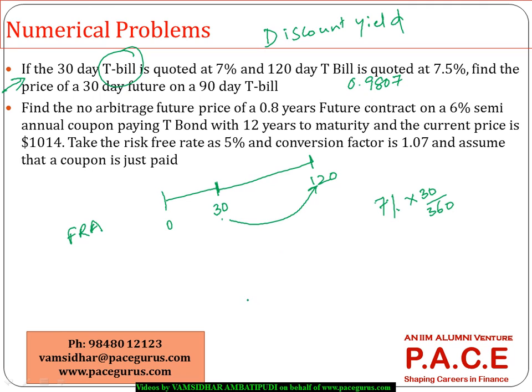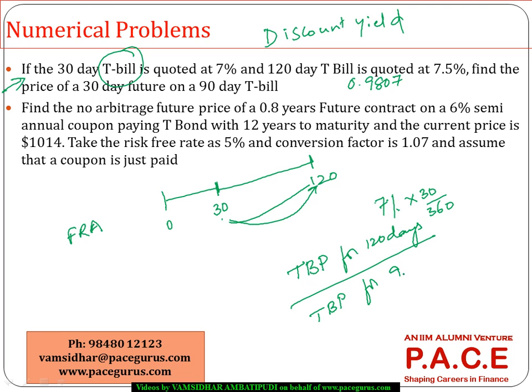In another way, for this period, it is the treasury bill price for 120 days, converted from the quote into price, divided by the treasury bill price for 90 days. Whatever price comes out should be the quote available as a no arbitrage price for the 30-day future on a 90-day treasury bill.